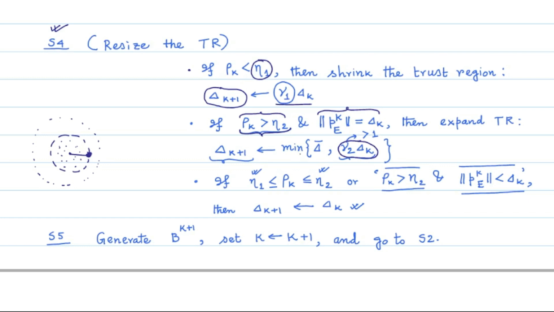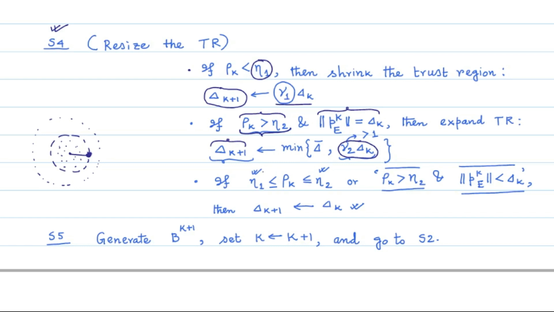But we have to be cautious here that this gamma 2 delta k must not exceed the maximum allowed trust region radius delta bar. So we update the trust region radius by taking the minimum of delta bar and gamma 2 delta k.